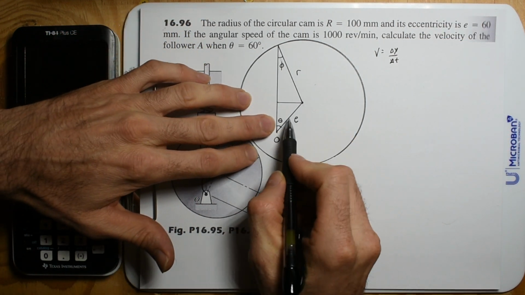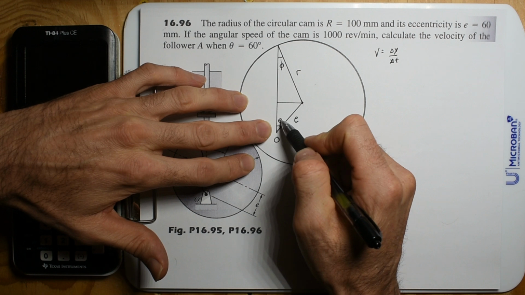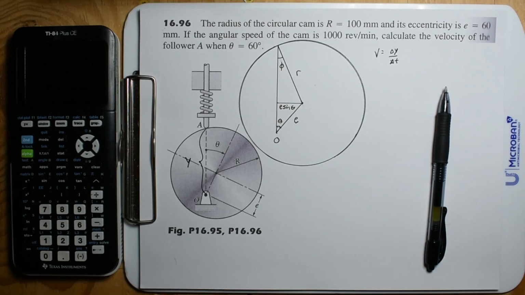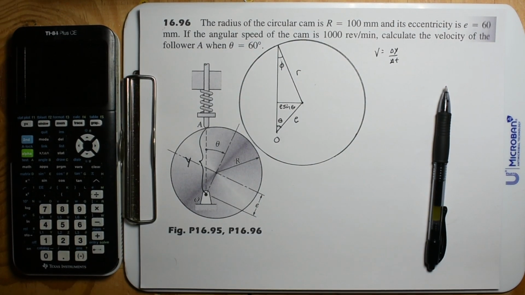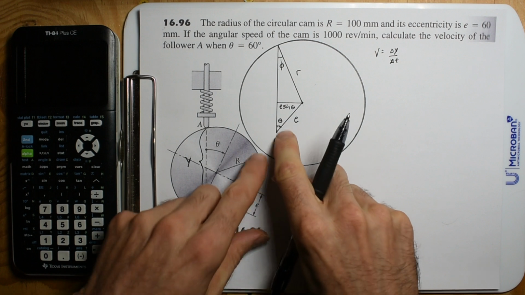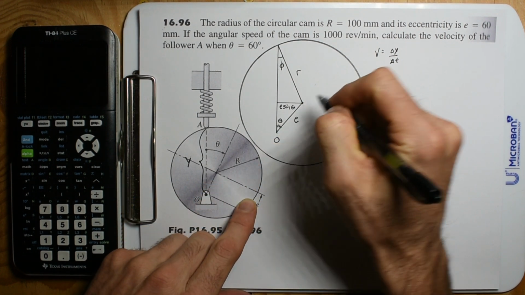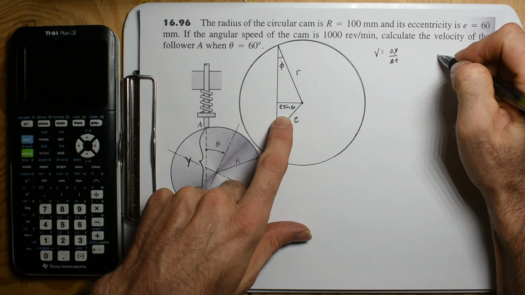So if we know that this is the hypotenuse and we know that this is the angle, we're going to say that this is E sine theta. All right. Sorry about that. So we have the angle. The sun is shining on the sine component of the hypotenuse. Sines and cosines are percentages.